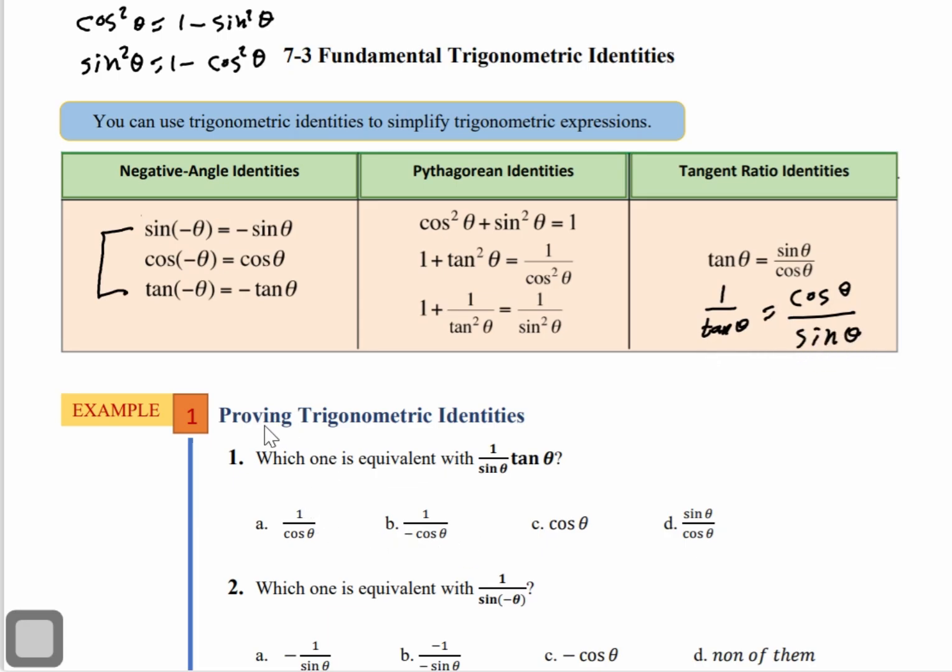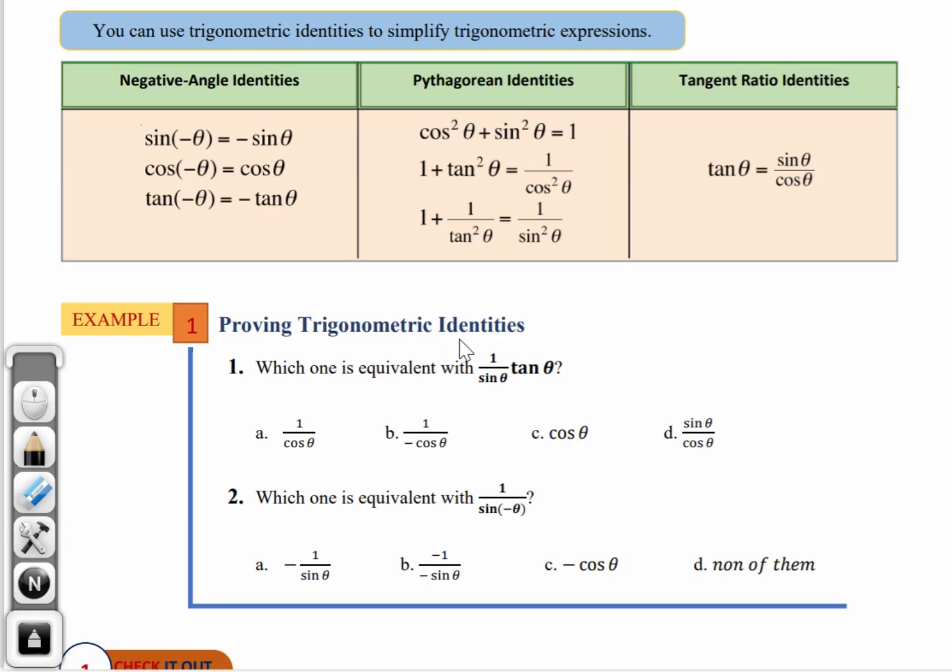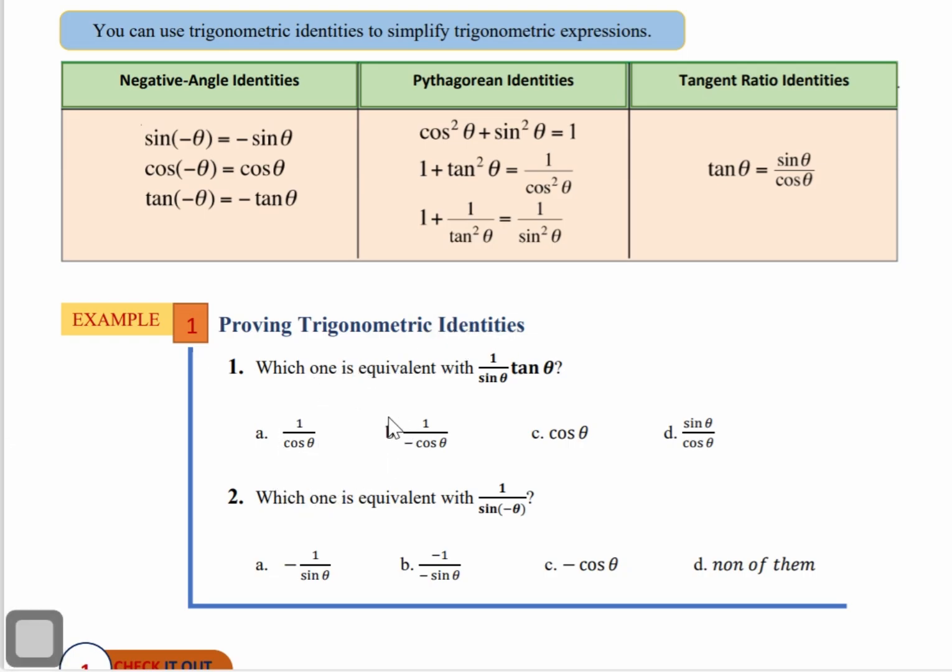In example 1, we have proving trigonometric identities. I made it like multiple choice to make it easier. Which one is equivalent with 1 over sine tan x? We don't have any rule for sine, so we leave it like that. But for tan, we have sine over cosine. So instead of tan, we can rewrite sine over cosine.